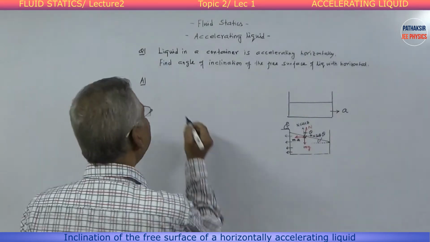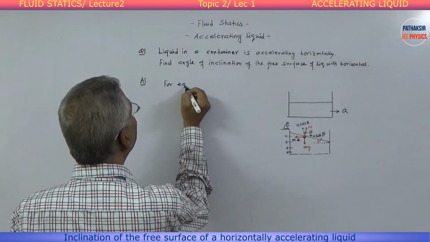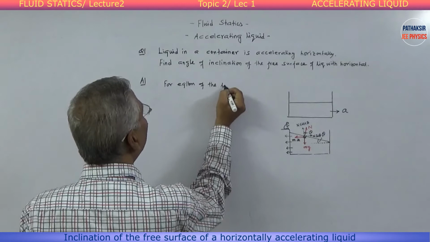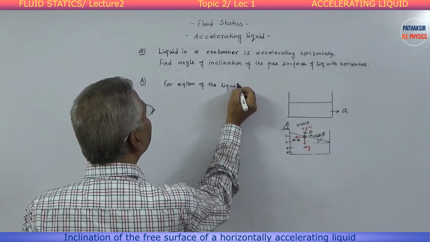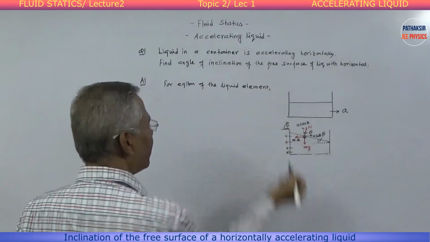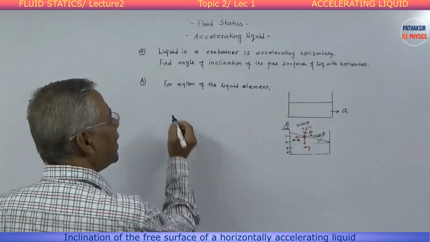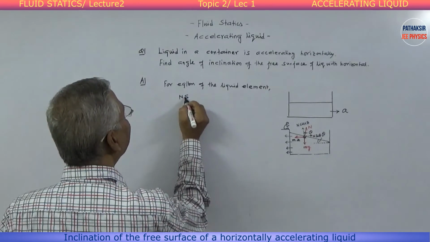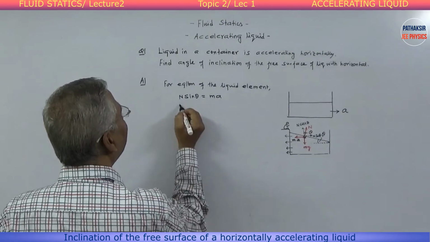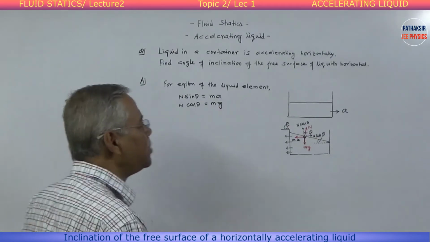For equilibrium of the liquid element, N sin theta equal to ma, N cos theta equal to mg.